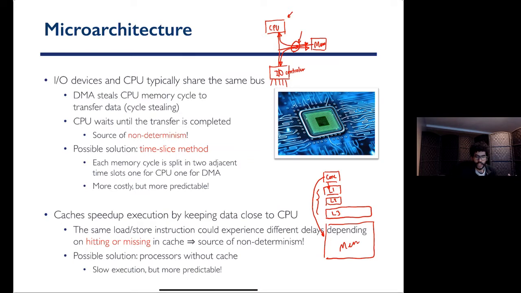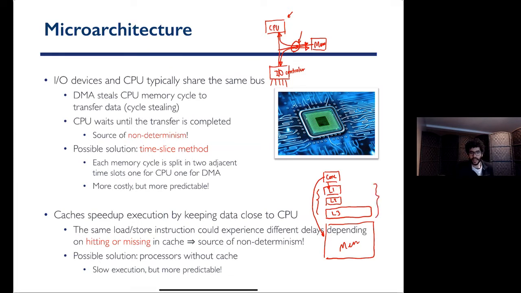Now, this is good if you care about average performance, because on average, you're going to speed up all your applications if you have a cache. But it's bad for worst case and for predictability, because when your core issues a load or a store, it doesn't know if this load or store hits in the L1 cache, in the L2 cache, in the L3 cache, or if it is going to go to memory anyway.